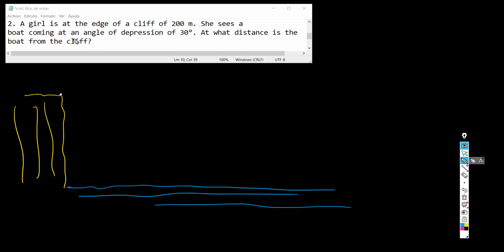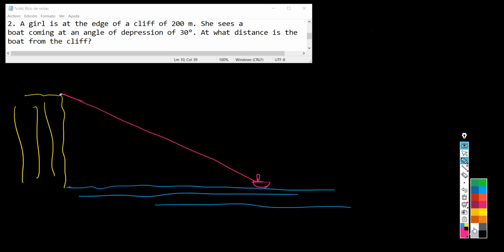Okay, so we have a girl at the edge of a cliff, not perhaps the best idea, but let's continue. She sees a boat coming at an angle of depression of 30 degrees. So let's draw a boat coming towards the cliff, and the girl sees that boat at an angle of depression of 30 degrees.